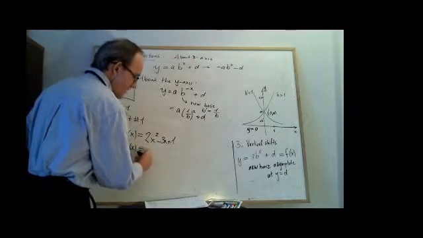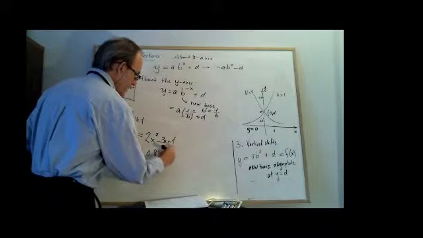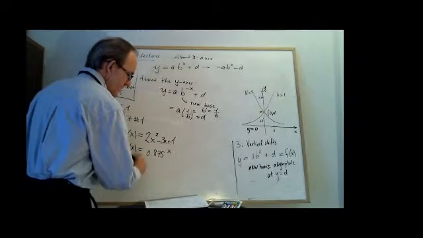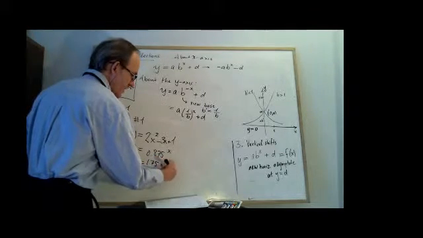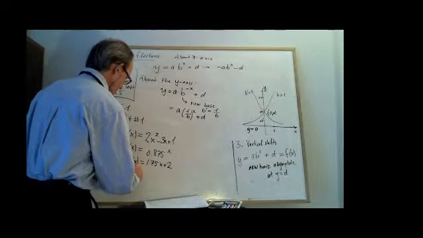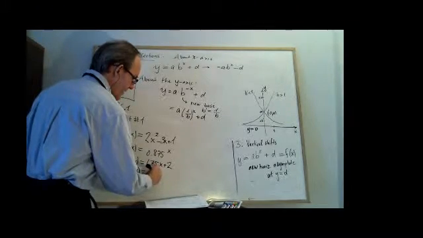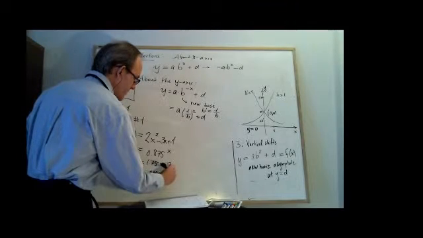I'll just write them all down first. And we have 0.875 to the power x. h of x is 1.75x plus 2. And j of x is 1095.6 to the minus 2x.